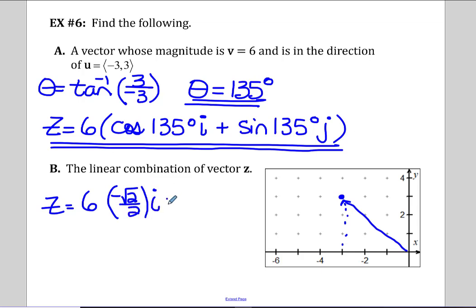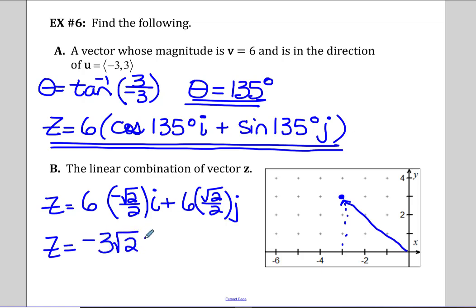And then multiply that, and then times 6 again. What was the sine at 135? That would be positive in quadrant 2. So our linear combination would be -3 square roots of 2 in the x direction and +3 square roots of 2 in the y direction.